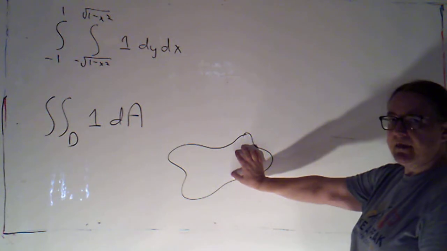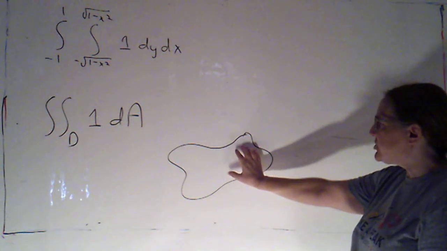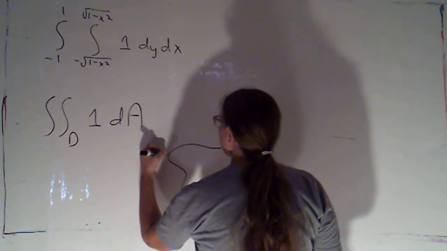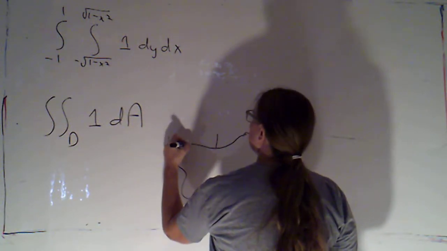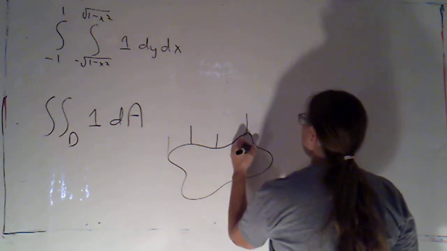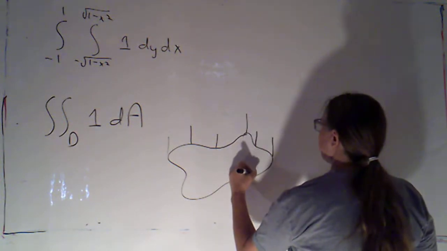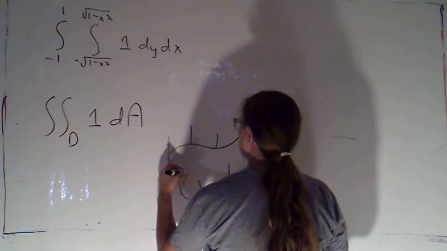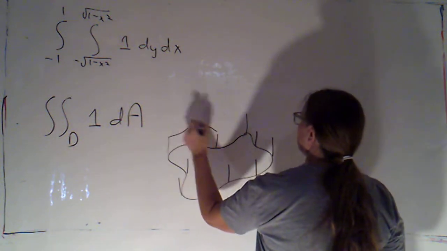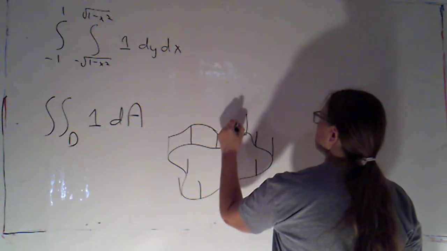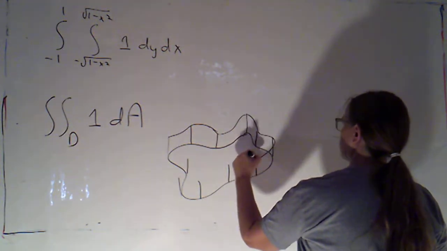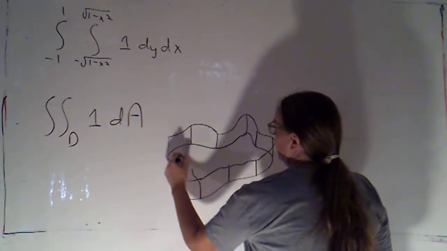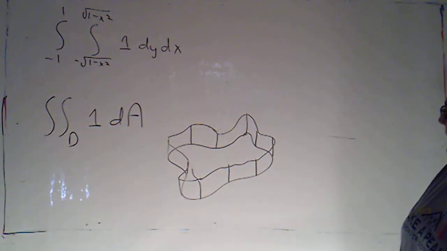But what I'm doing then is I'm attaching a constant height of 1 to every single point in that region, and I'm going to get a shape that looks something like that.